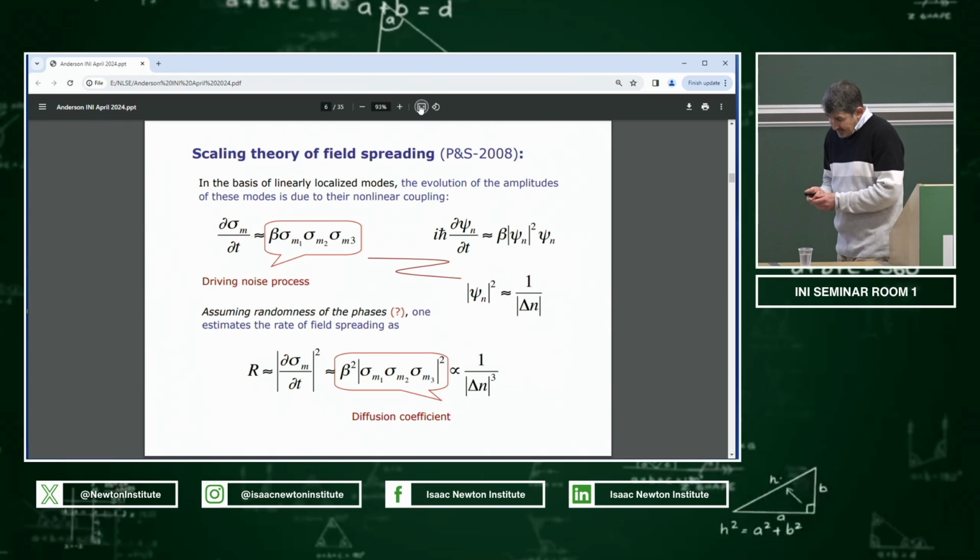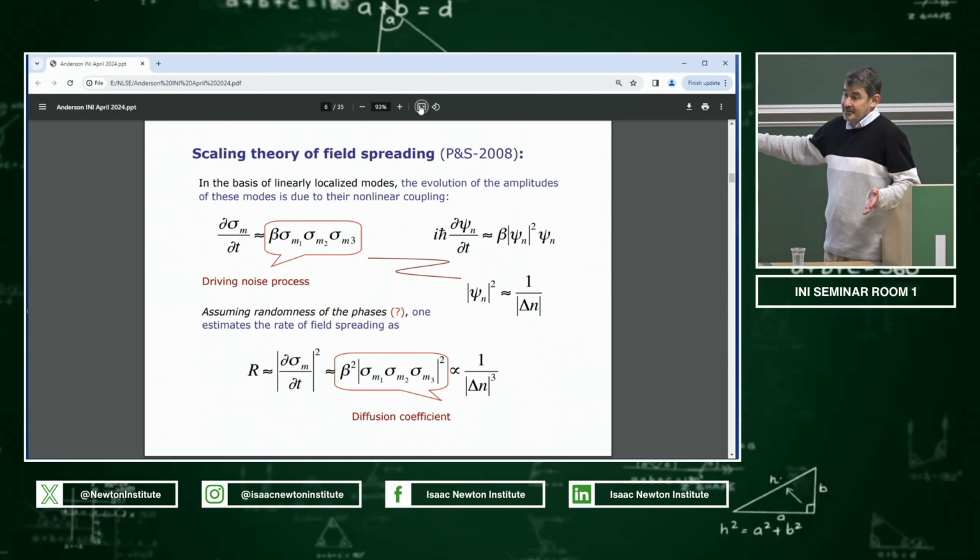Then, if you have a statistically large number of coupled modes, the effect of their coupling will be some sort of noise process. And they suggested to consider it as a white noise. So if this is a white noise process, then the amplitude of the noise, the modulus squared of the nonlinear term, is the diffusion coefficient.